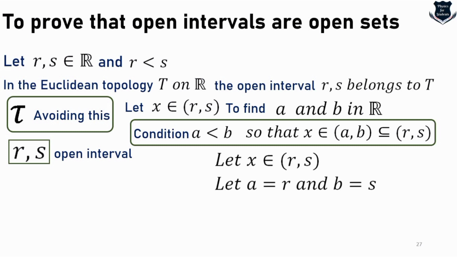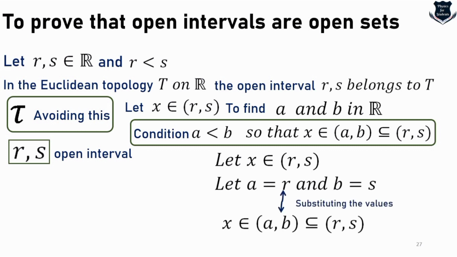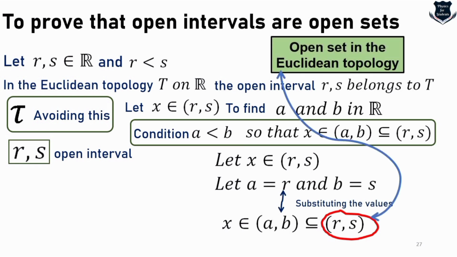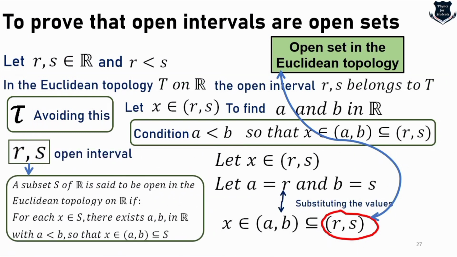We will select this one and we will interchange the values, and we will make A equal to R and B equal to S. Now substituting the values, we get this, right? So from here we get this. So yeah, this (R, S) is an open set in the Euclidean topology. So it's a pretty simple approach, but it actually shows this. So we have proved that a subset S of R is said to be open under this condition. So this is how we prove that open intervals are actually open sets.